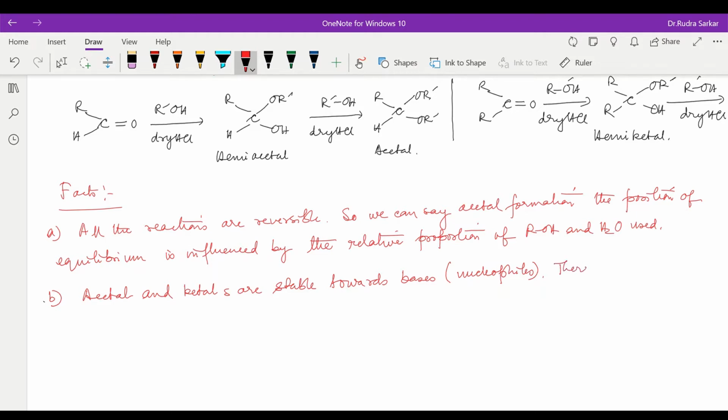Therefore, they can be used as protecting groups for carbonyls.